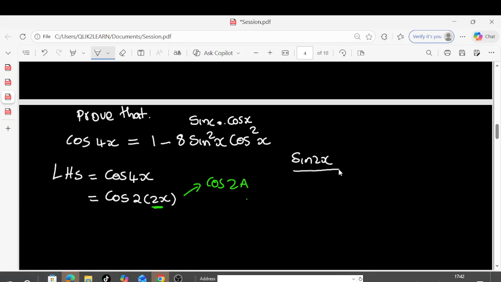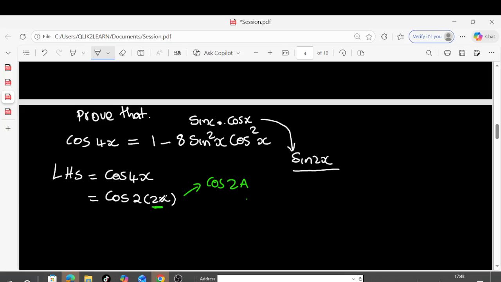So whatever we do, we need to bring in the sine 2x. This is the only way we can prove this.